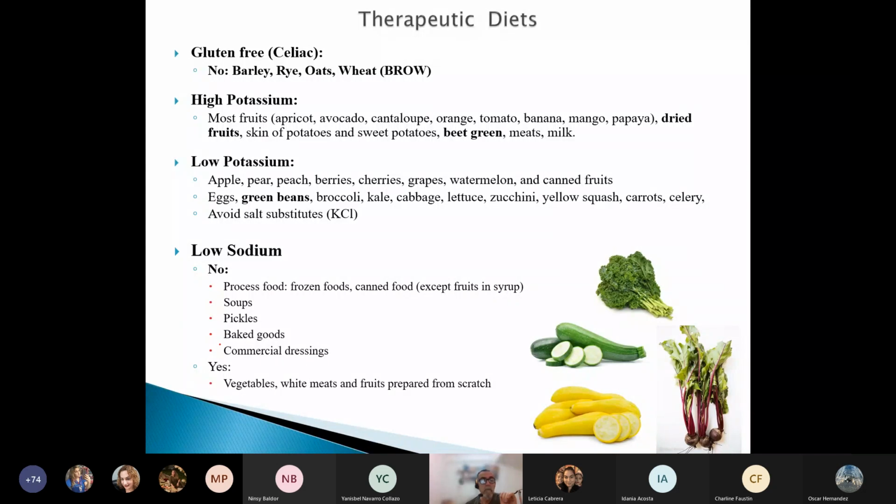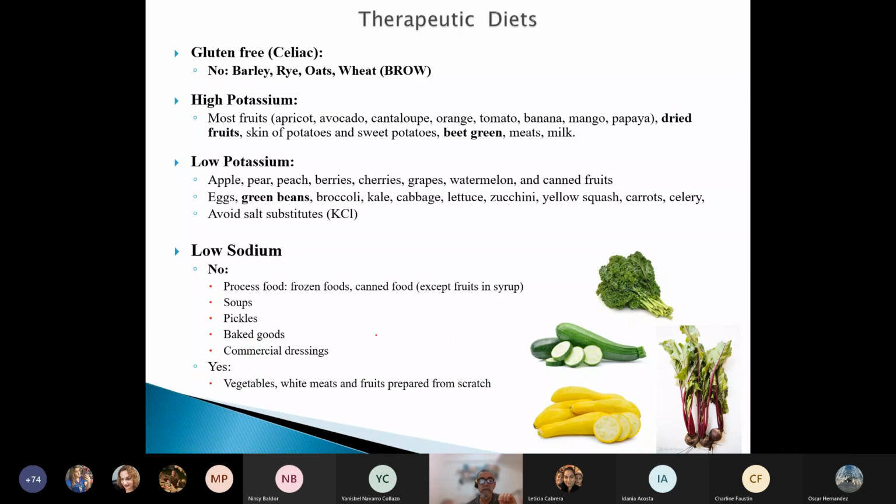Soups, pickles, all the baked goods, commercial dressings, and anything that you buy in the deli, cheeses, hams, cold cuts, all those are very high in sodium, pizza, bread, etc. So the only alternative to have a low sodium diet is to cook from scratch, where you buy the raw forms of the food and you cook or consume it raw, or you cook it without adding salt or adding just a minimum of salt.